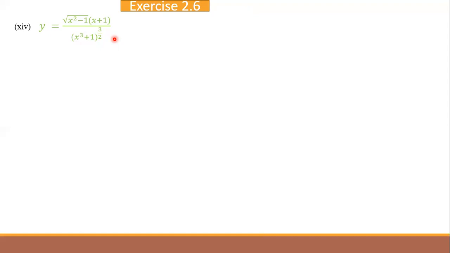Here, if we apply direct derivative, we have to apply first the quotient rule, then the product rule in the denominator. So before starting, we will simplify this equation. x square minus 1 can be written as (x plus 1)(x minus 1).